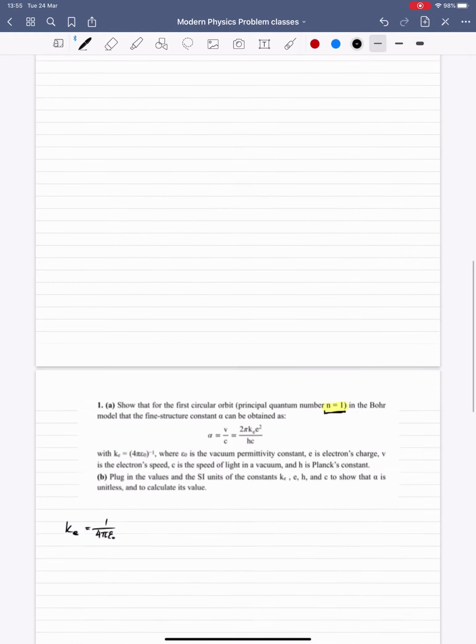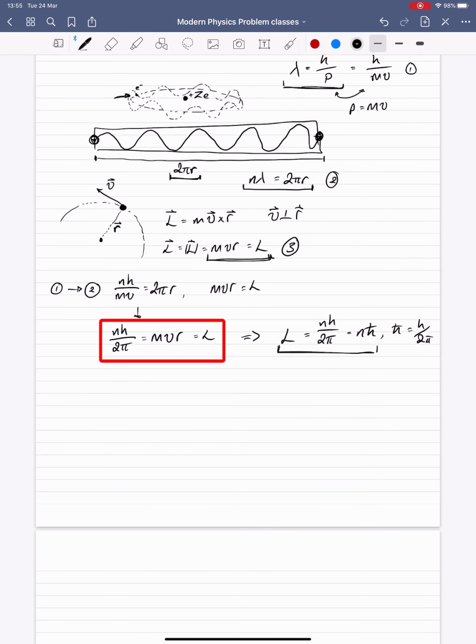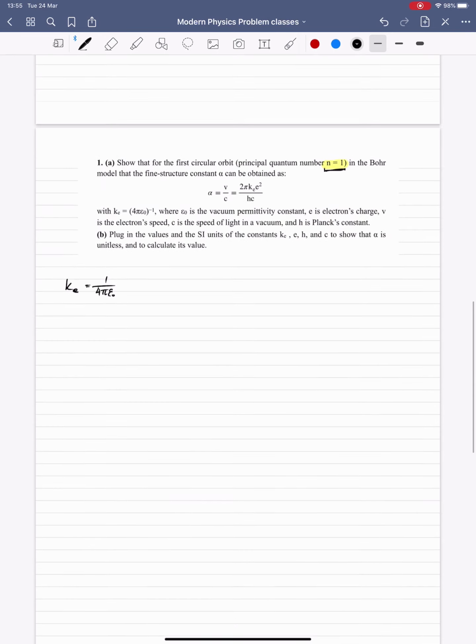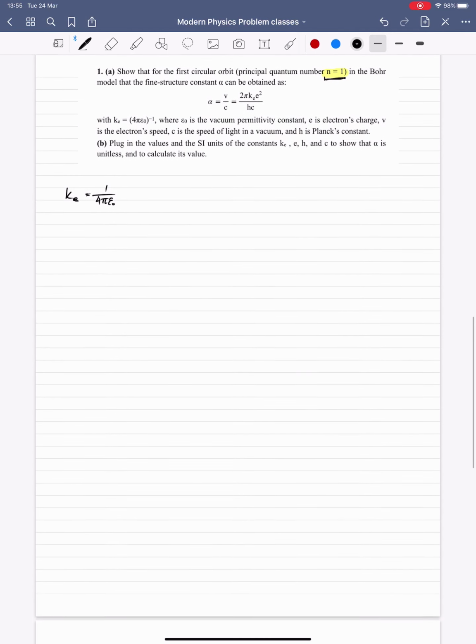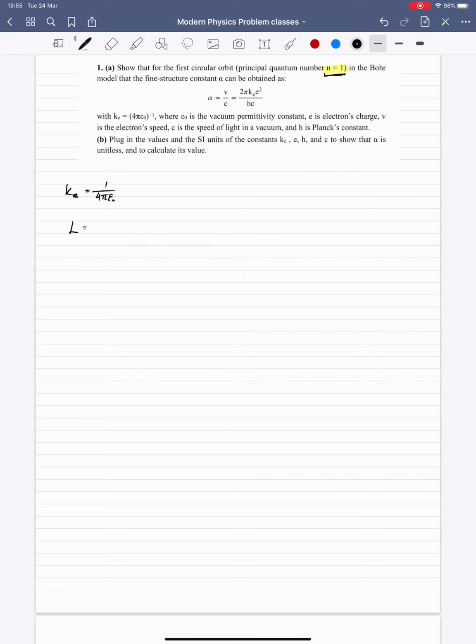Let's bring down what we've written above, because we'll need to use that. So L is equal to mvr, which is also equal to nh over 2 pi, or n h bar if you like.